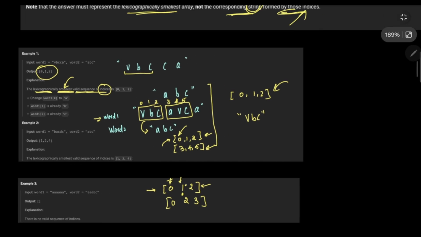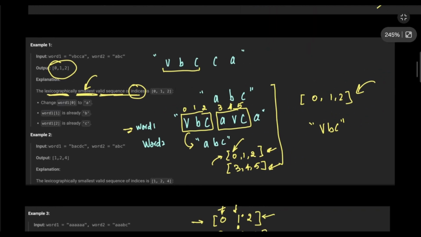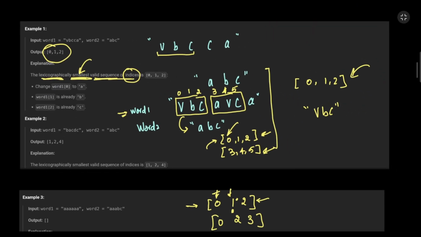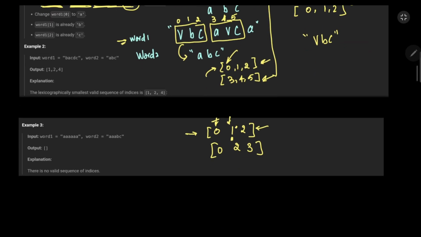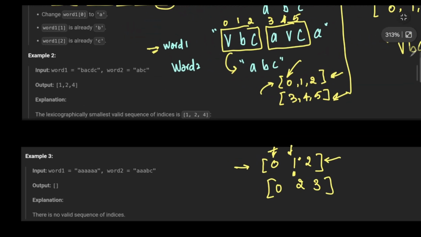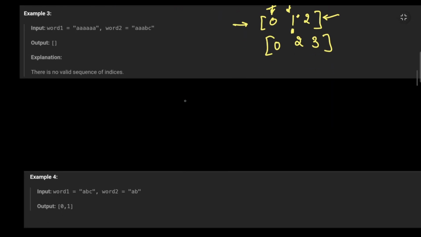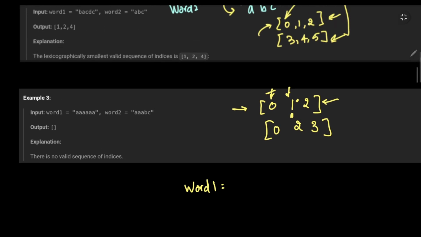All right. Now, if we look into some of the examples, for this VBC and ABC, this is the output. I think this example is covered over here, and let's take this example: word1 as BACDC and word2 as ABC.